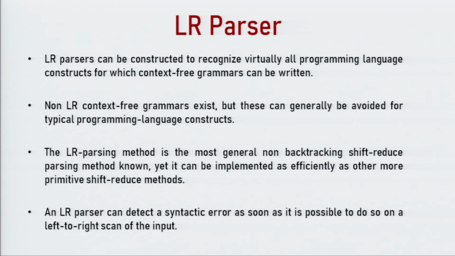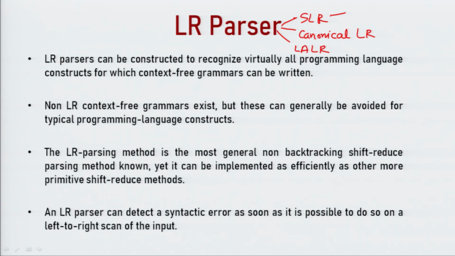There are three types of LR parser: simple LR parser, canonical LR parser, and look ahead LR parser. First is the simple LR parser. Simple LR parsers are the simplest to implement, but they cannot parse every LR grammar. They are not very powerful, but they are the easiest to implement.